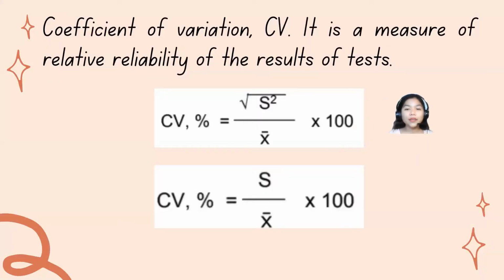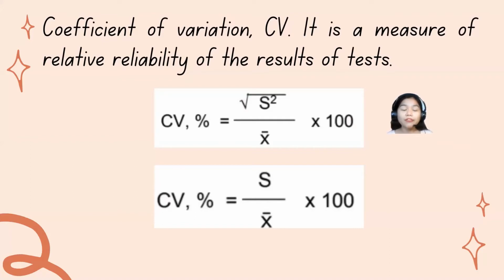How about the CV? This CV is very useful in your thesis. Hashtag thesis. CV is the coefficient of variation. It is a measure of the relative reliability of the results of the test. To compute the CV, we use this equation: the square root of variance, or simply the standard deviation, over the mean, multiplied by 100.